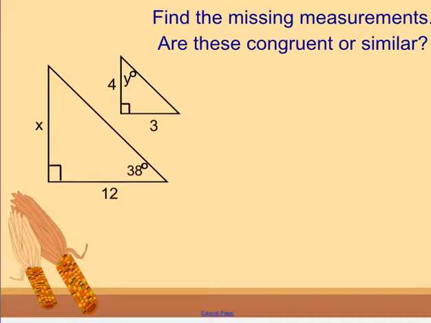Now let's find some missing measurements. Are these congruent or similar? We would say these aren't congruent because they don't have the same side length, so they are similar.